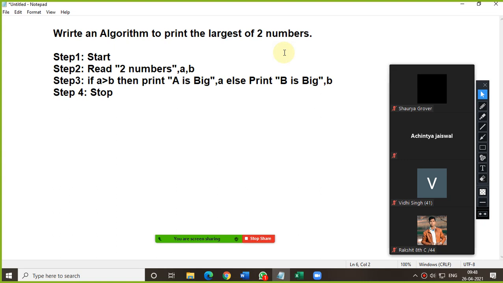So now we are going to do this question in a different manner. Okay, everybody please pay attention. So now we are going to introduce some new things. If the first condition is true, then go to step 4. Else go to step 6.